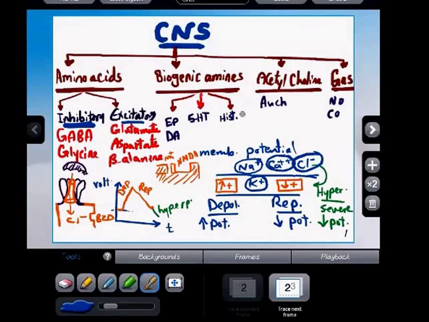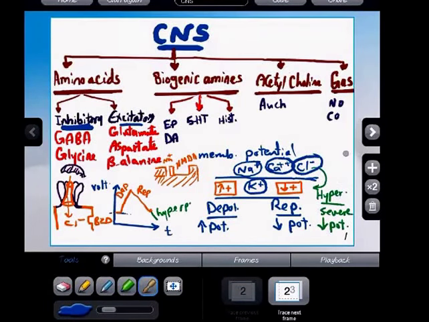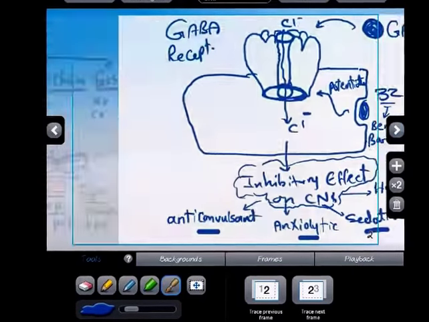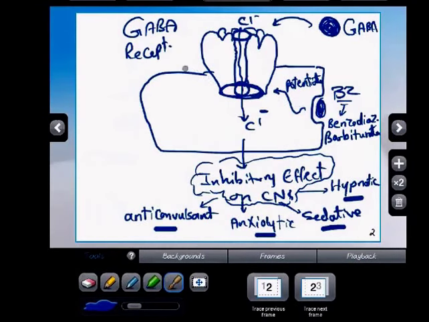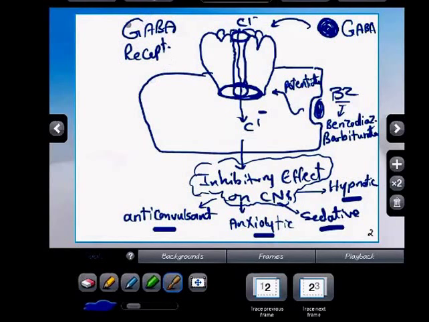And if the chloride, which is a negative ion, influx, this is leading to hyperpolarization, which is severe decrease in the potential. That is about the GABA receptor.